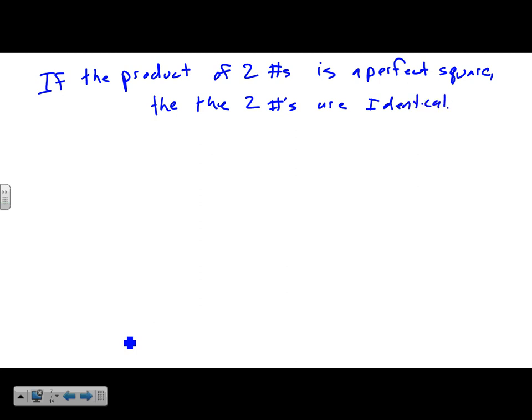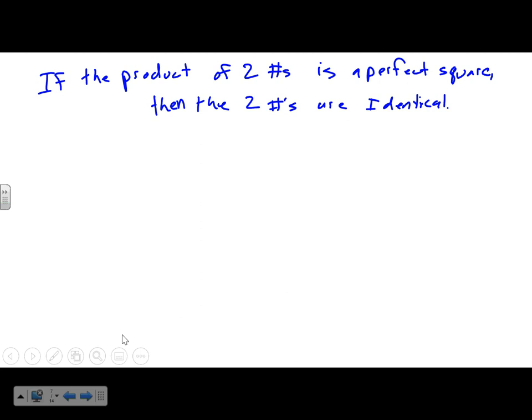Sorry, I was going to type this up and then forgot. So that was the hypothesis, and that used to be on your notes, and I took it off. I took it off because that was the conditional.